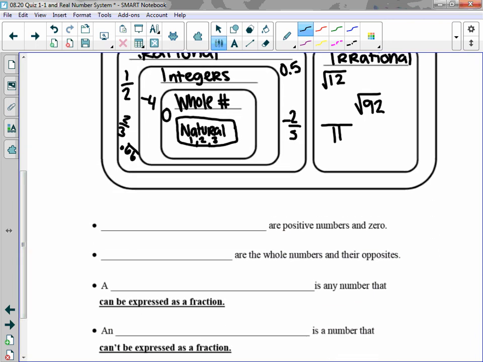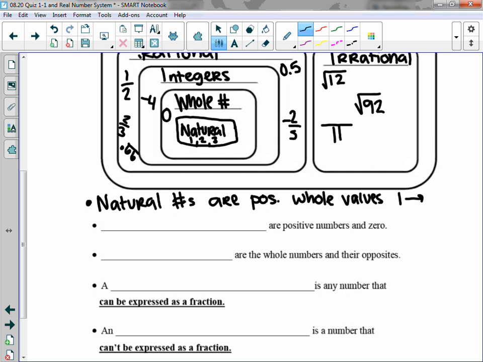Okay, so natural, we're adding an extra bullet point here. Natural numbers are positive whole values, one and on. So your next bullet point, blank are positive numbers and 0.